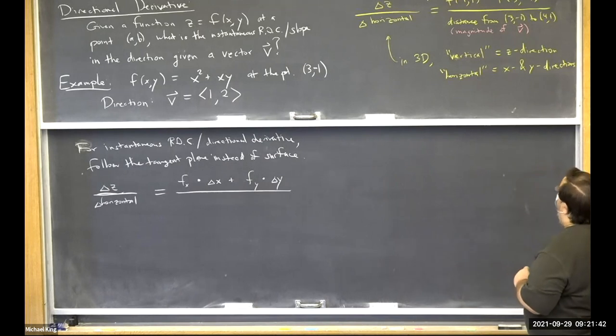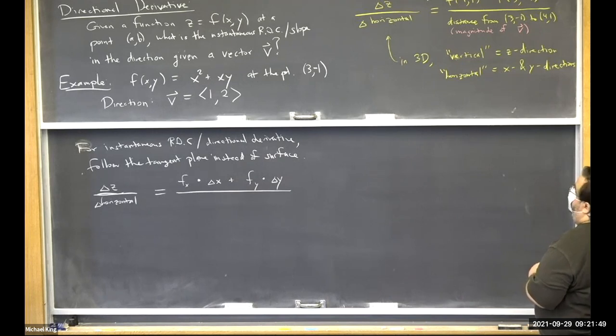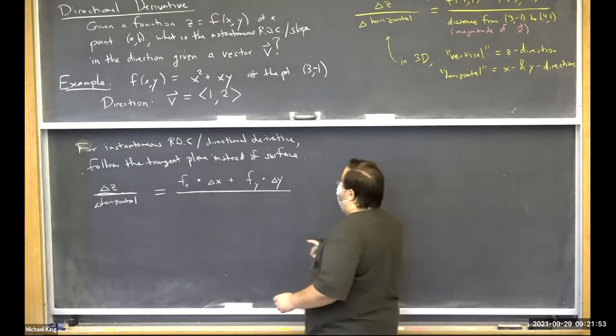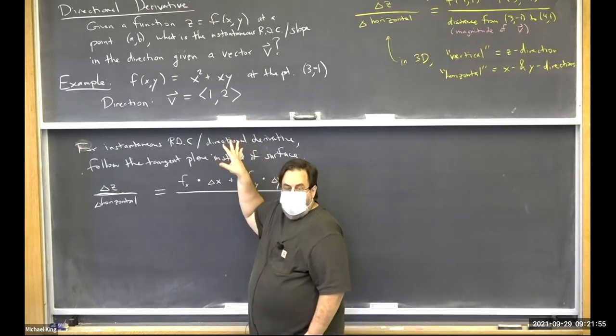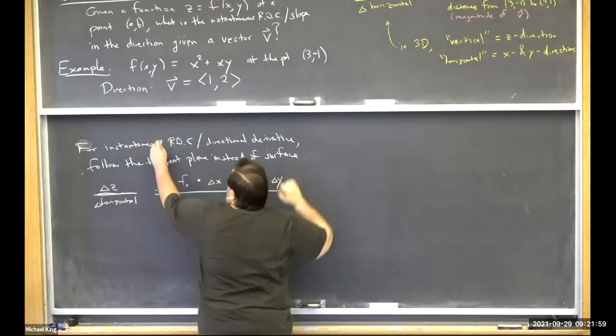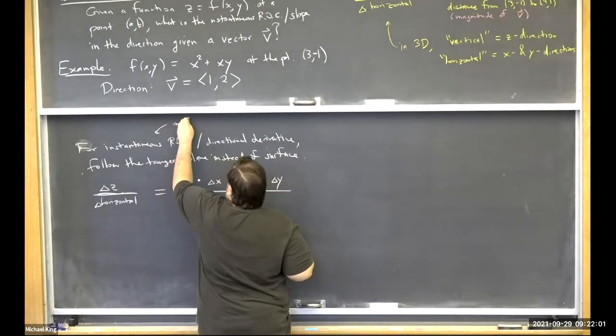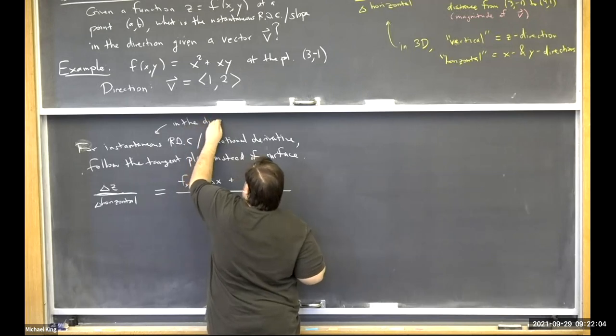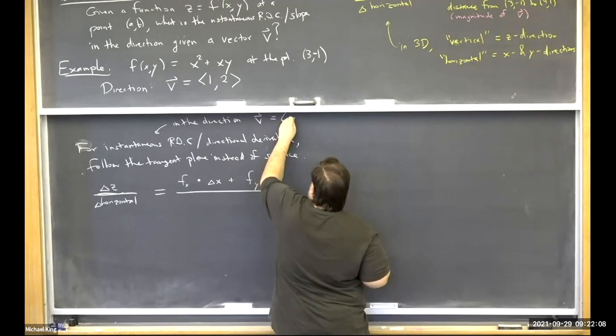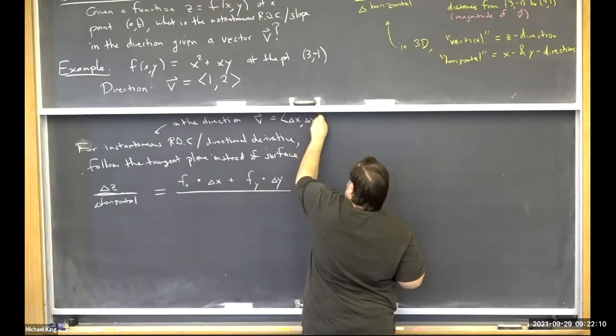well, how can we write down the magnitude of the vector? I'm doing sort of a general vector now. Maybe I'm doing this in general and then I'll do it for the example. So this is in the direction, it's kind of this vector, delta x comma delta y, right?